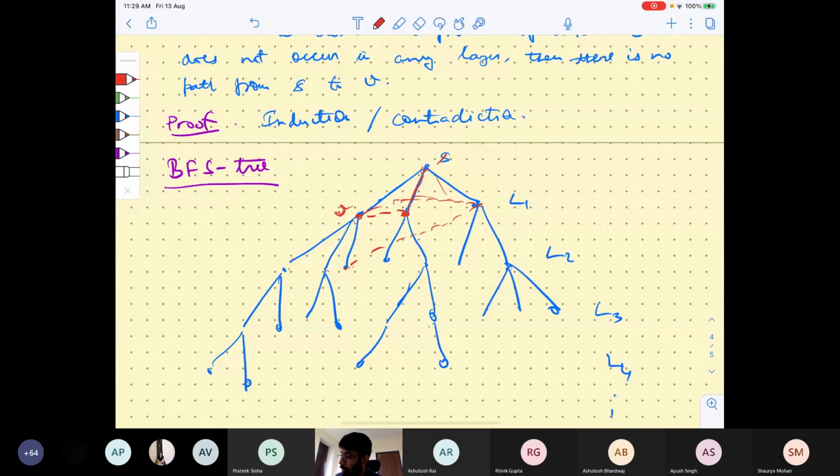But 2 of them have already been discovered, or already been added to the tree. So we will not add these red edges to the tree. We'll only add the new ones, because these 3 vertices are going to be the new vertices, so we'll add these 3 edges. So there can be other edges in the graph which do not get added to this BFS tree, right? But there is some property about that. Can there be an edge like, let's say, from V to here?